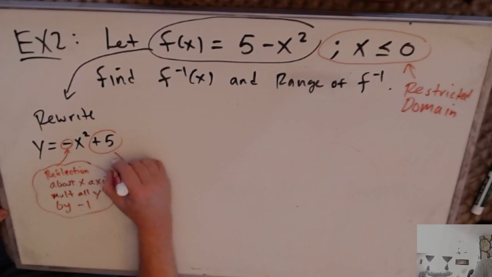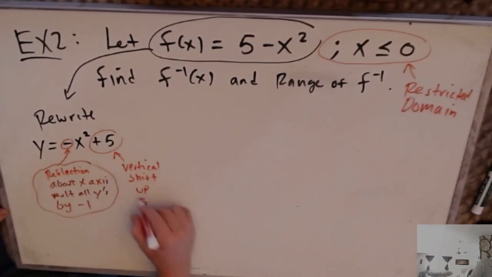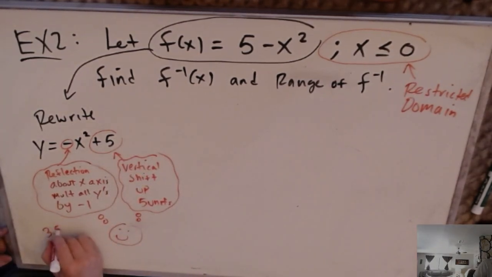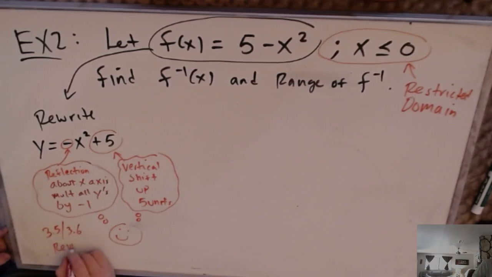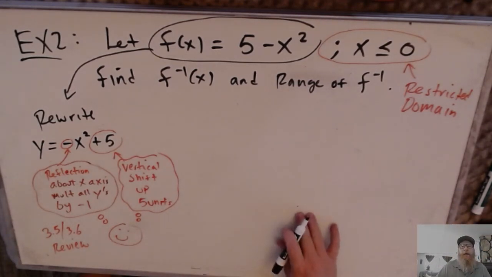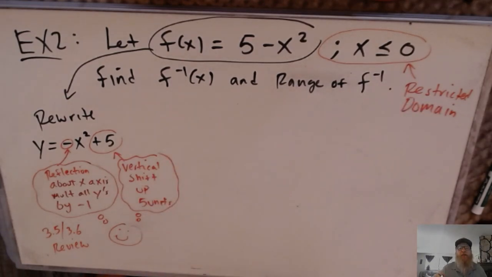And then we have a vertical shift up 5 units. That's section 3.5, 3.6 review. Doing a lot of review as we move through the last couple sections here. All right. I just want to get an idea of what this looks like before I find the inverse function.